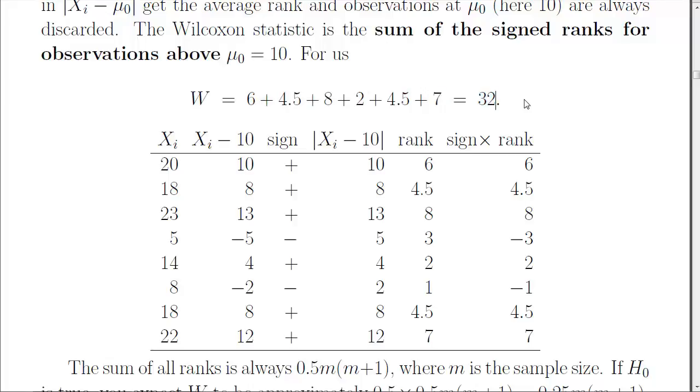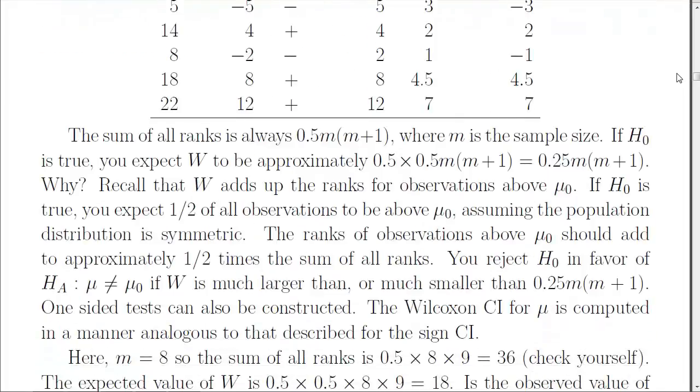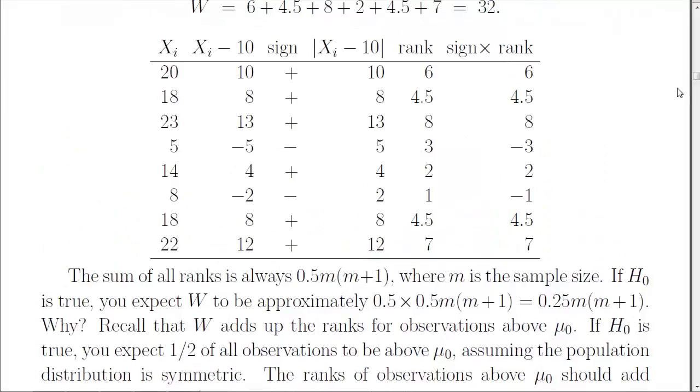Fine. Then we need to compare 32 to a distribution under the null hypothesis that the true hypothesized value is actually equal to 10. So the way to think about this is about what is the sum of all the ranks. So the sum of ranks is going to be m times m plus 1, divided by 2, where m is the sample size.